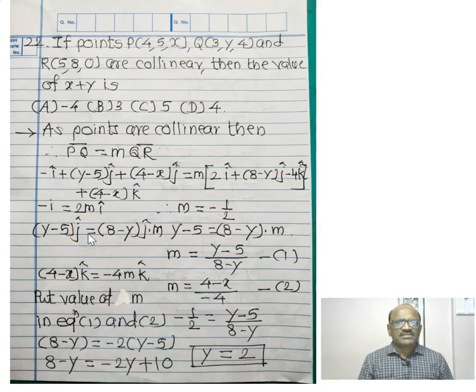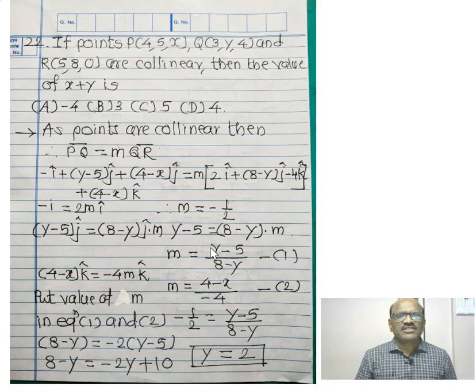Now simplify this. Equate the coefficient of i, that is, here is minus i, minus 2m i cap, and therefore the value of m is minus 1 upon 2. In a similar way, equate the coefficient of j and the coefficient of k.